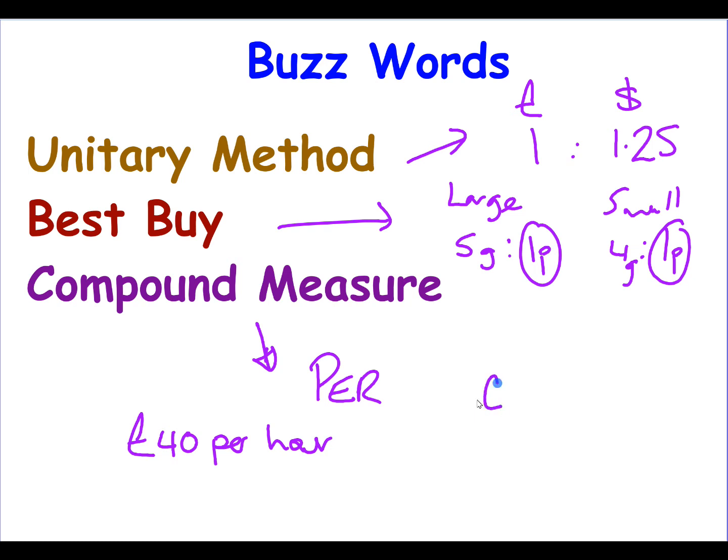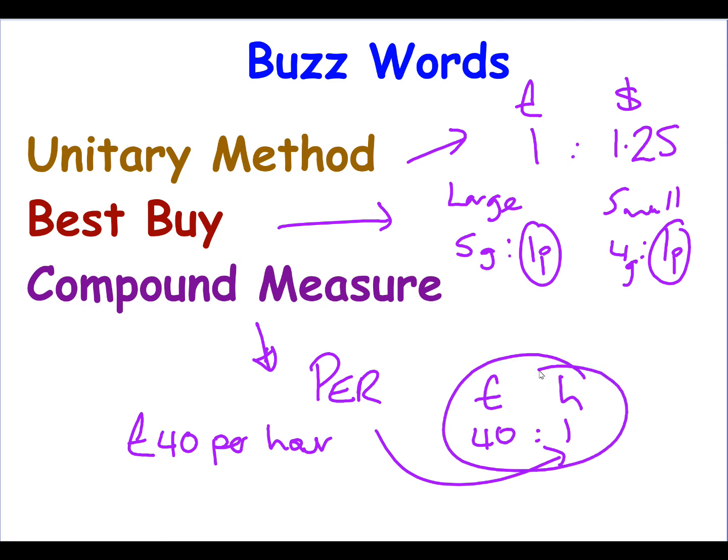So if you have pounds and hours, it's 40 to 1. So the word per is forcing your ratio to have a value of 1. And from this strap line, you can work out how many hours you can get for the money or how much money you need for so many hours. And we'll cover that in a bit more detail in next week's lessons.